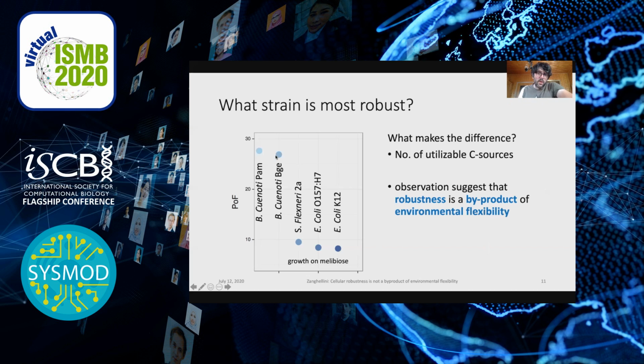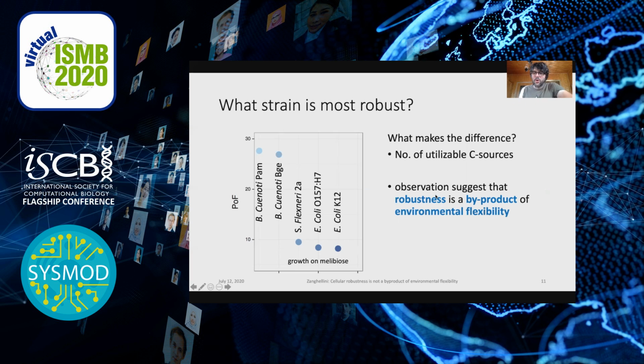So these symbionts, they are living in a very constant environment already for millions of years, and they have a very particular requirement for their growth medium, while E. coli is a generalist that can grow on a very large range of different carbon sources.